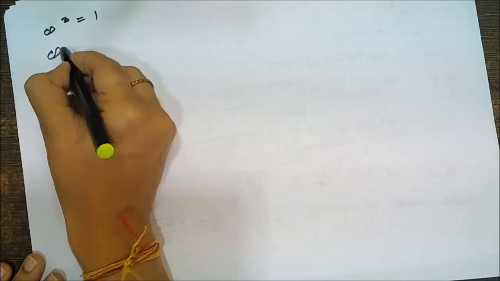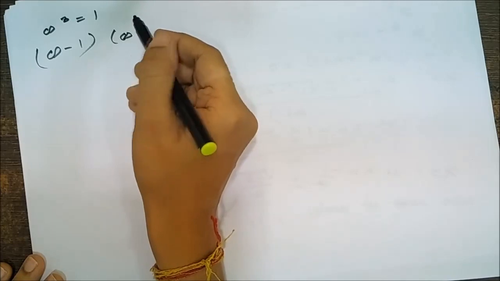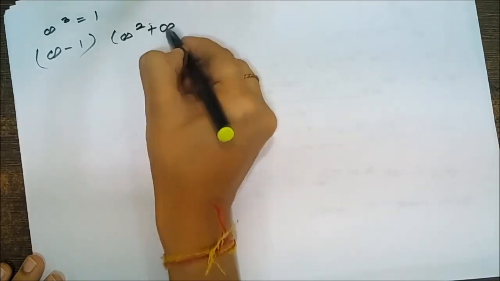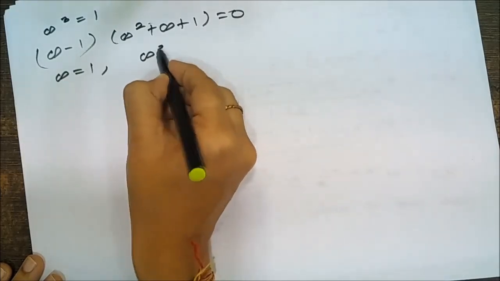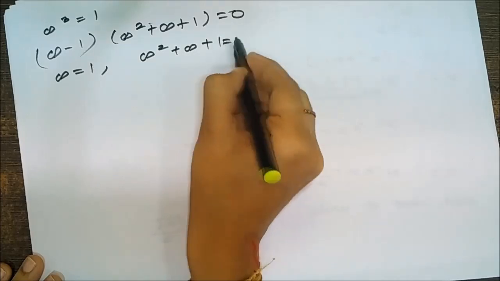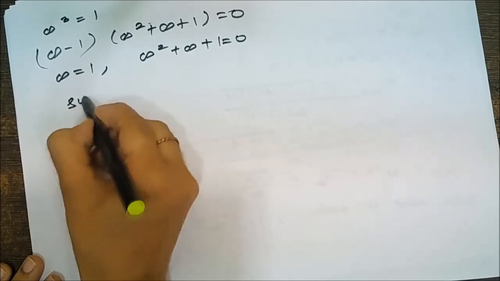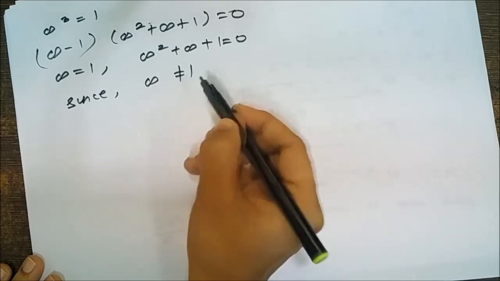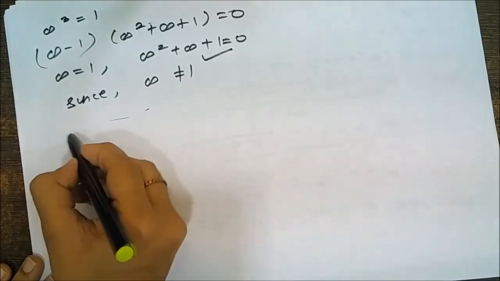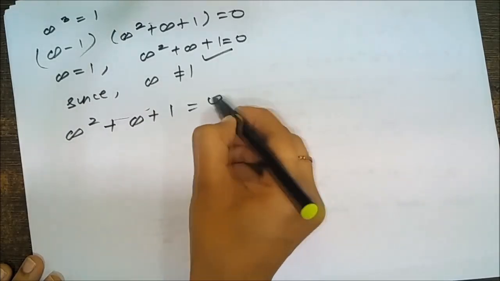So the factors will be the same as we did for x. Now since this is not equal to 1, we have to take the factor omega square plus omega plus 1 equal to 0.